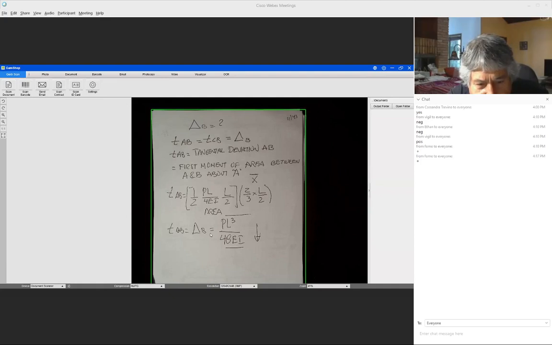It gave you a deflection of PL cubed over 48EI going down.